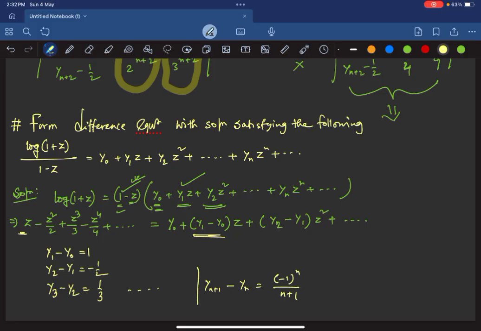Okay, so this is the difference equation we have. In this equation, if you put n equals 0, you get the first term; if you put n equals 1, you get the second equation. Likewise, this is our final answer, our difference equation. Okay, I think it is clear. So this is how we can construct our difference equation.